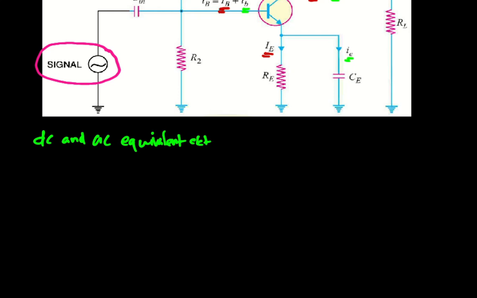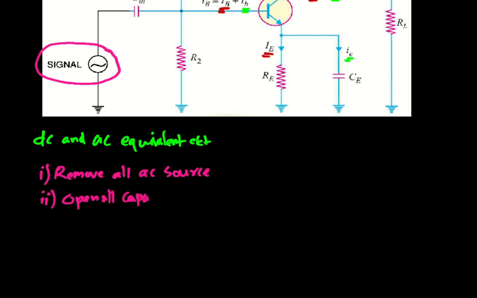So to get the DC equivalent circuit, the two things which we have to do are: first, remove all AC sources in the circuit. Second, since the capacitor does not pass DC, open up all capacitors.